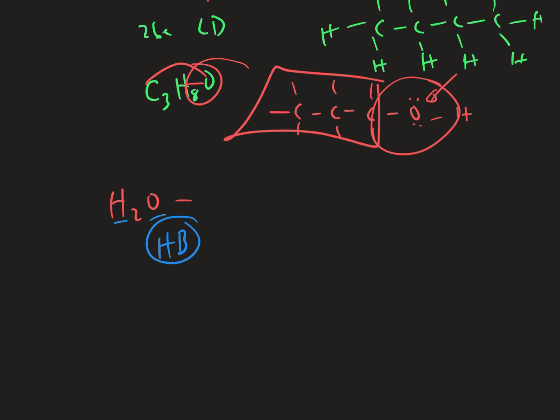Okay? For those 3. In fact, I've never seen it not. I'm not going to say it can't, because do we know everything in science? No, we don't. Okay? Are we good on determining what type of intermolecular force it is?